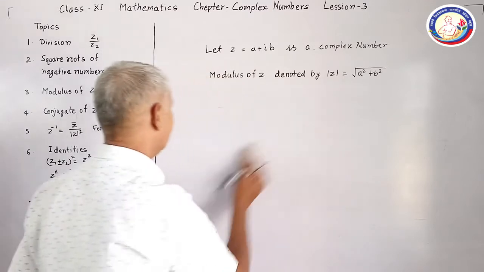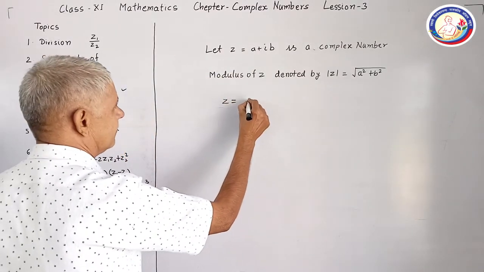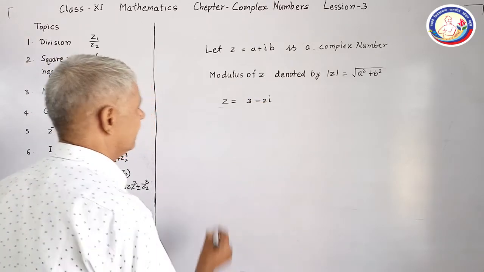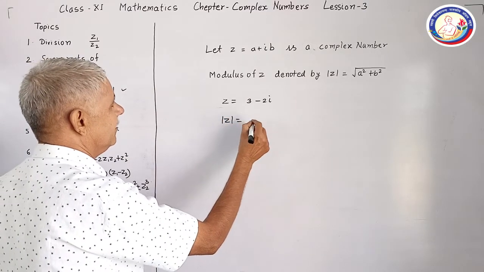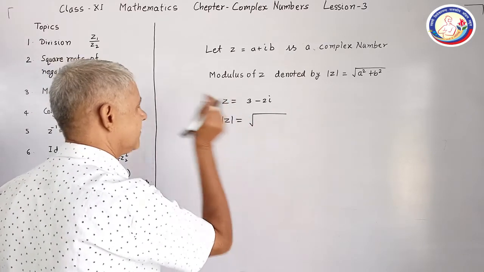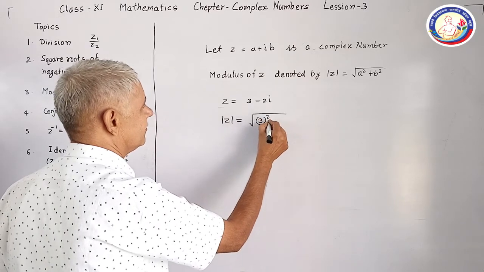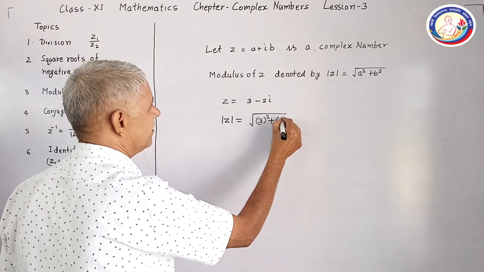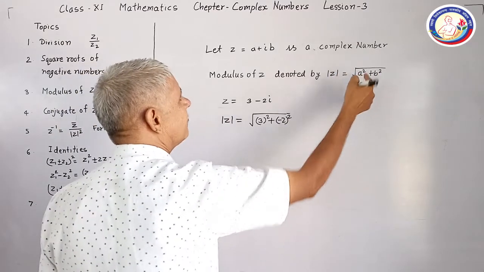We can take an example. If z equal to 3 minus 2 iota, the modulus of z will be the square root of the real part squared added to the square of the imaginary part, by this formula.